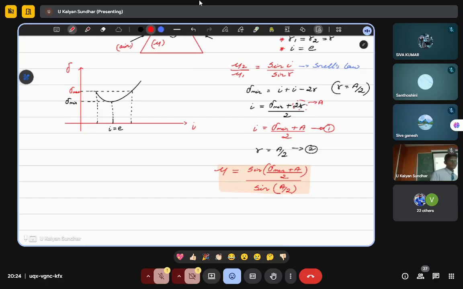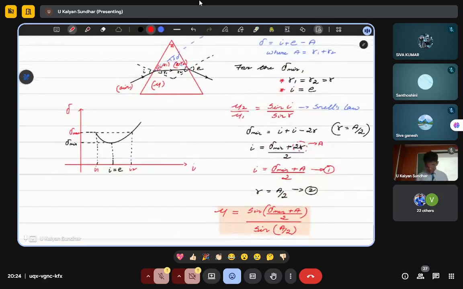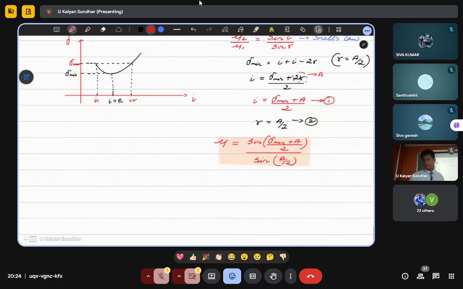So let this be I1 and I2. Even for the maximum, there will be I1 and I2. So only for the minimum, and except the minimum, all have two possibilities for the angle of incidence in order to have a given deviation. So only for one angle will the deviation be minimum.